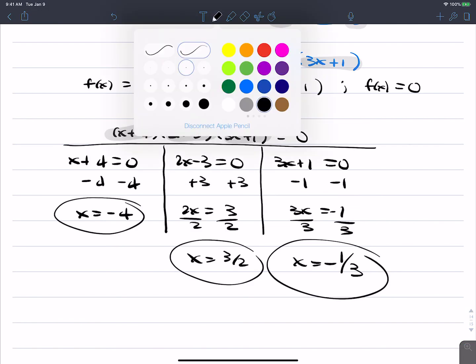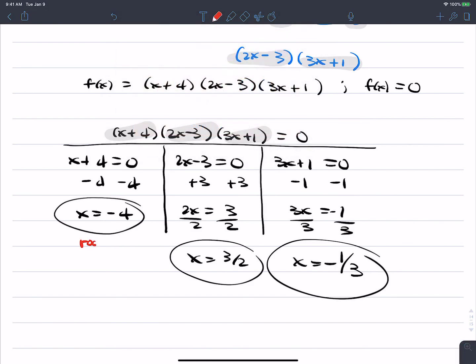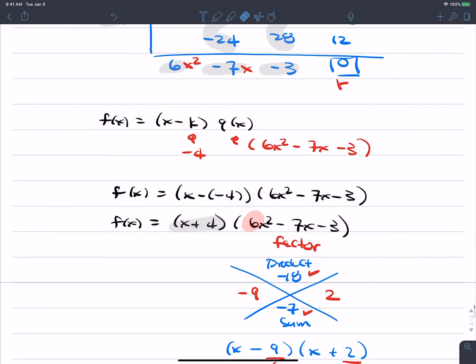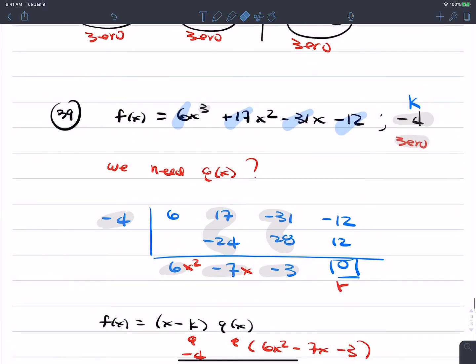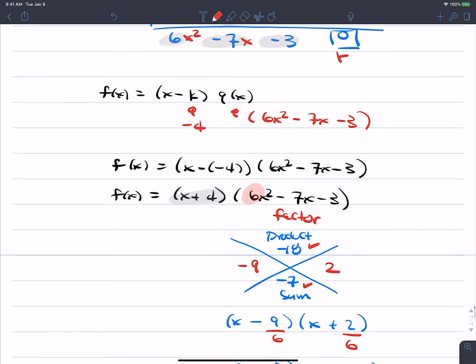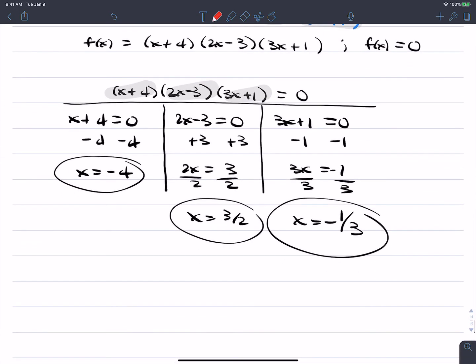So all of these numbers here are roots. We knew the negative 4 was a root or a 0. Right? This is what they gave us to begin with. There you go. Negative 4 was a 0. So the other zeros will be 3/2 and negative 1/3. And that's our homework.